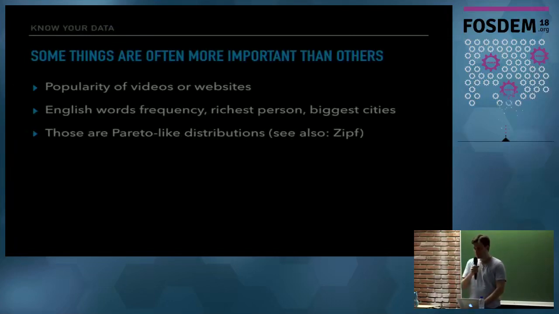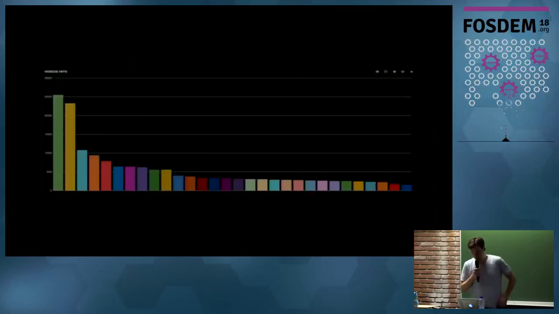But sometimes, hopefully, some data are more frequently requested than others. And it's kind of a Pareto distribution, if you have already heard of that, or Zipf's law. So you have some videos that are more popular than others, and it's important to cache the most popular stuff.